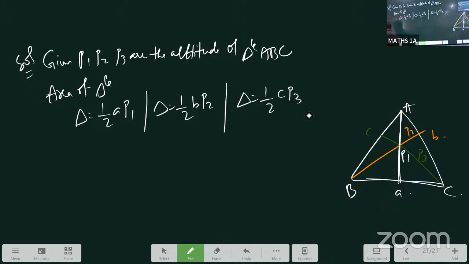Same, base into height and base into height. Is it clear?